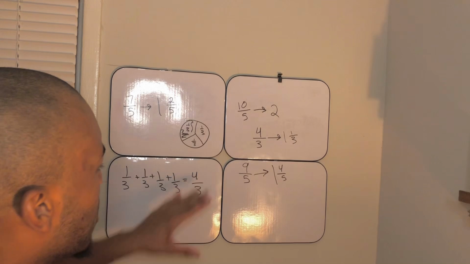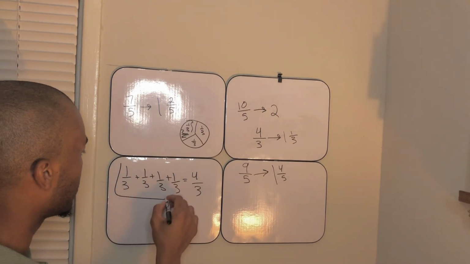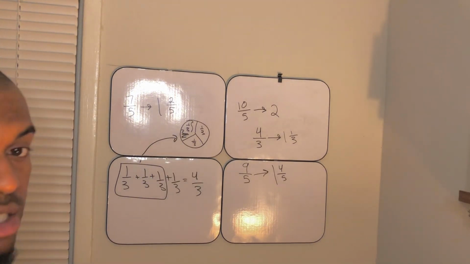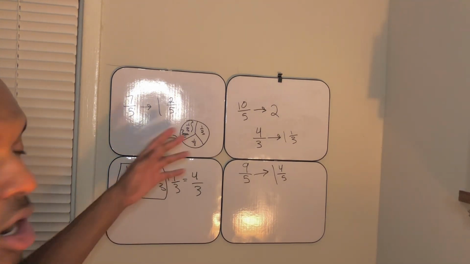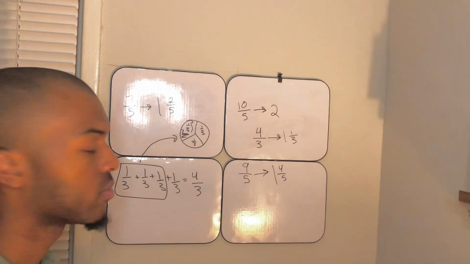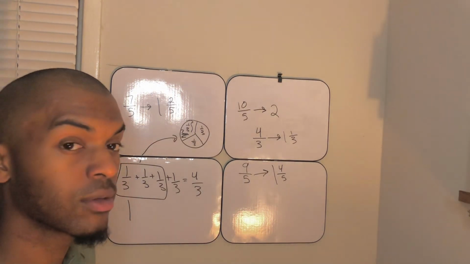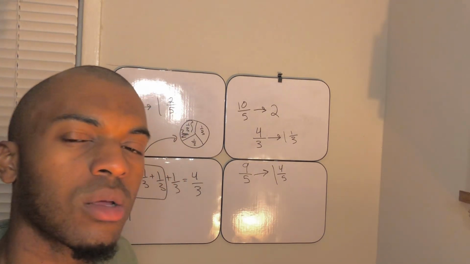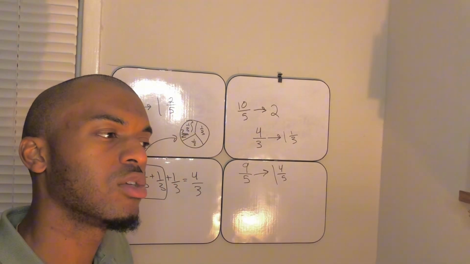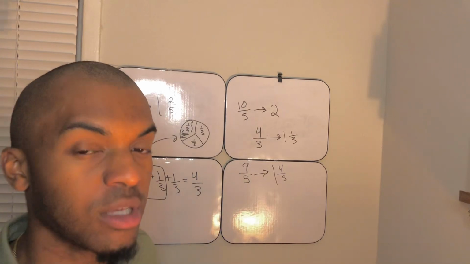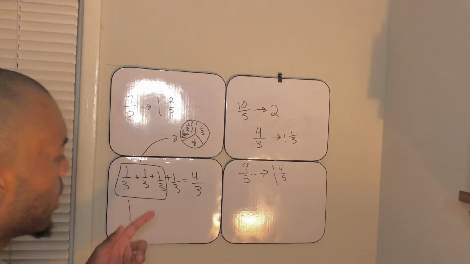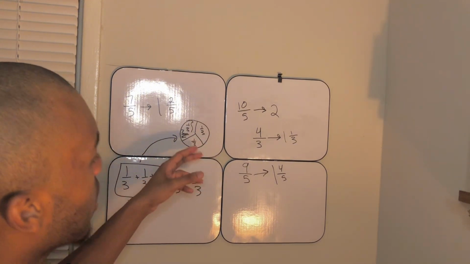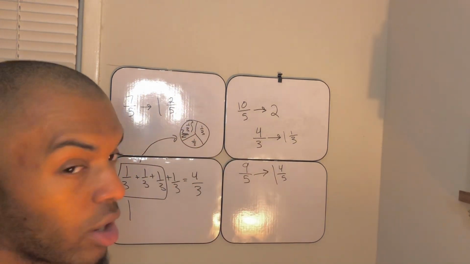Exactly. So when we add these right here, this gives us our whole pie that we started with. This is gonna give us that 1. And again, don't get too caught up in what could be. Because we cut it up into 3 equal parts, if I give away 3, 1 whole pie is gone.